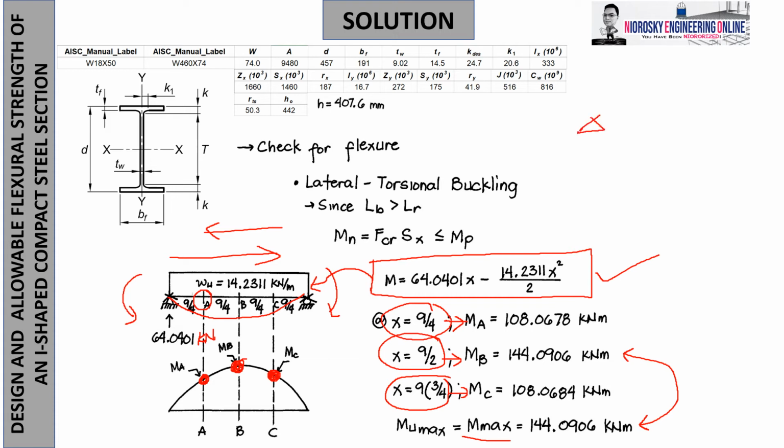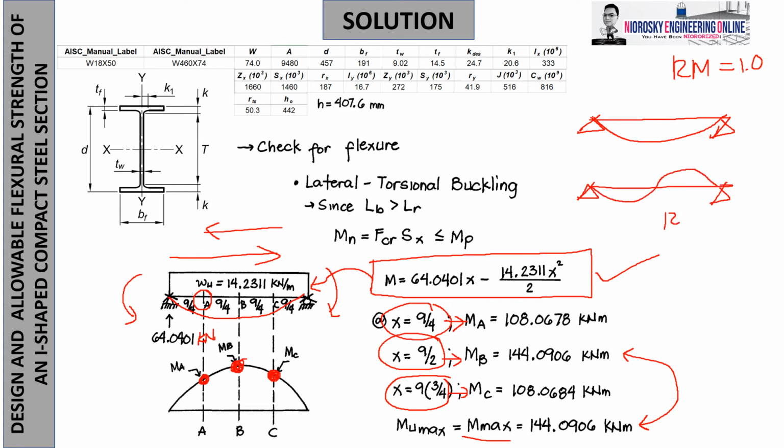Kasi tandaan natin na sa computation ng RM, if you recall kanina, ginamit natin RM is equal to 1.0, applicable yan sa double symmetric at saka single curve. Pero kapag ang ating beam ay nagkaroon ng double curvature, so ibig sabihin yan, RM is not equal to 1.0. May computation tayo dyan that I will try to show you in the next video lecture.